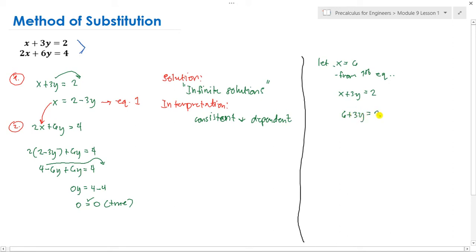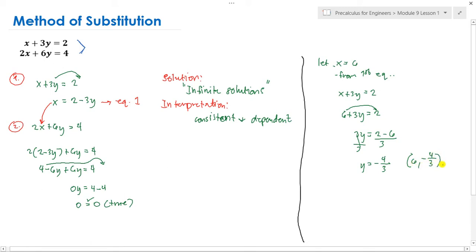Then solving for y, I transpose the 6 to the other side, so 3y is equal to 2 minus 6, and then divide by 3. So y is equal to 2 minus 6, which is negative 4, so that would be negative 4 thirds. Therefore if our x is equal to 6, our solution would be 6 and negative 4 thirds.